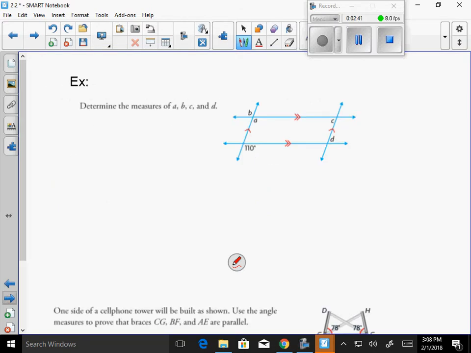All right, so let's try one here. What we want to do is determine the measurements of angles A, B, C, and D. Okay? To do that, whenever I'm dealing with anything like this and I'm trying to show something, I use a statement reason table.